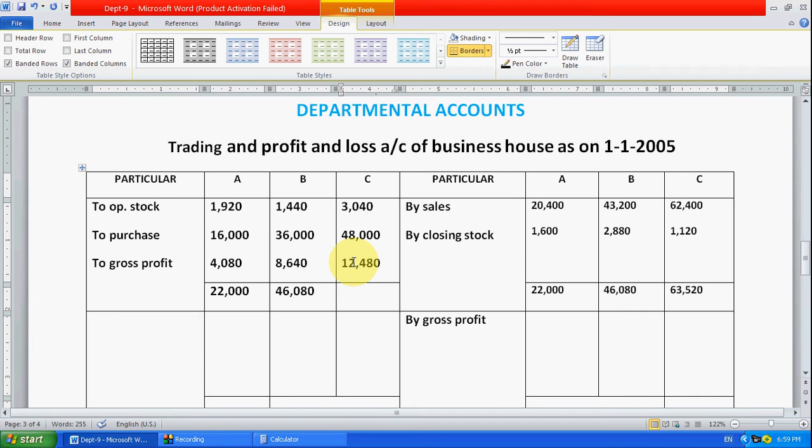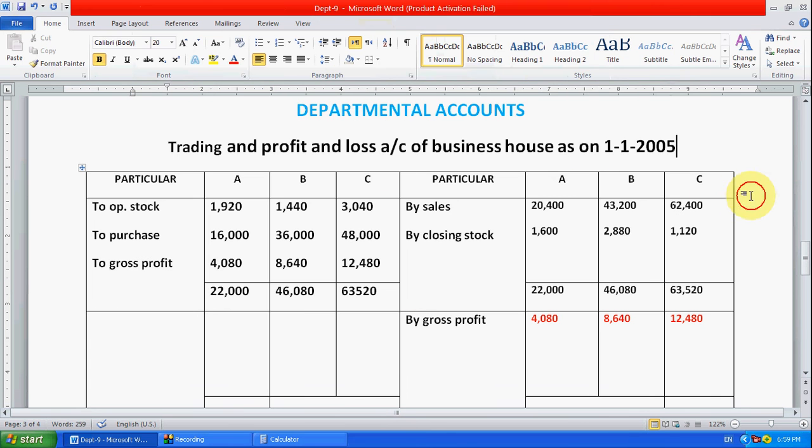So transfer gross profit here: 4,080, 8,640 and 12,480. This is how we have to prepare the trading account.